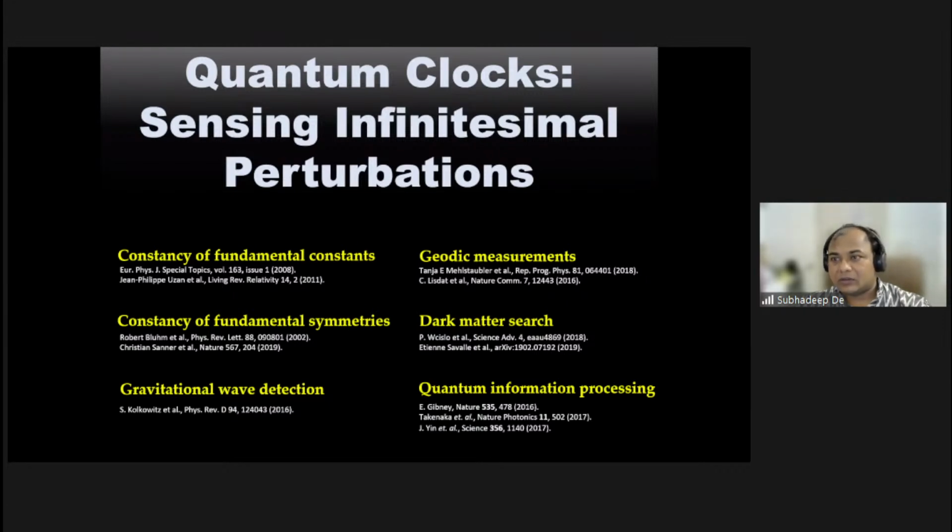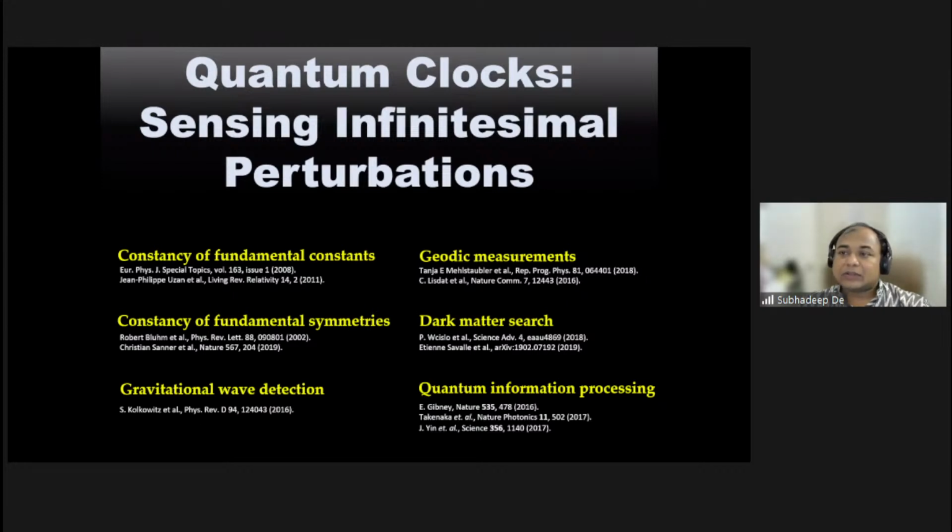Nature doesn't define any constants. It's defined by human beings. So we have to really measure whether these human-made constants are really constants over a very long period of time or not. Similarly, violation of the fundamental symmetries, let's say Lorentz invariance violations and these kinds of things.